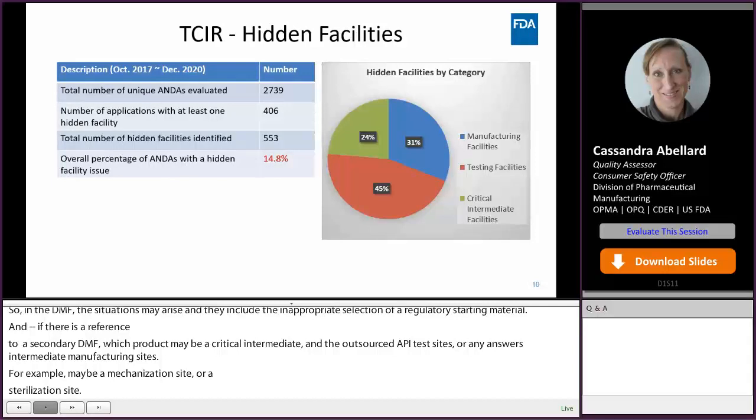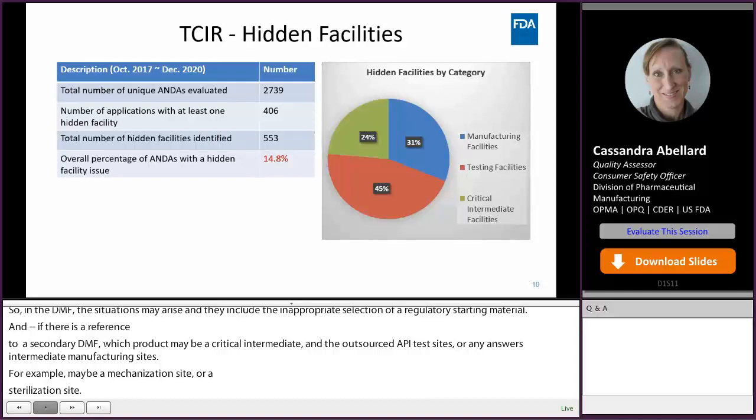And the total number of hidden facilities identified was 553, which means that several had more than one hidden facility. So the overall percentage of ANDAs with a hidden facility issue or concern that had to be addressed was about 15%.